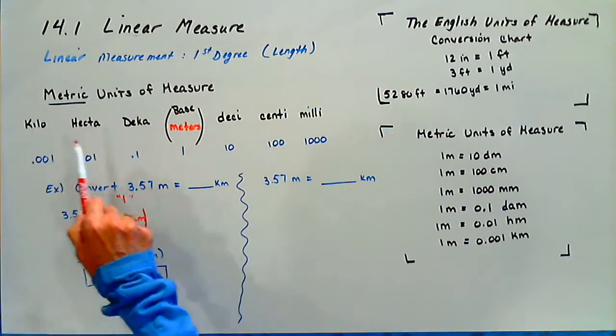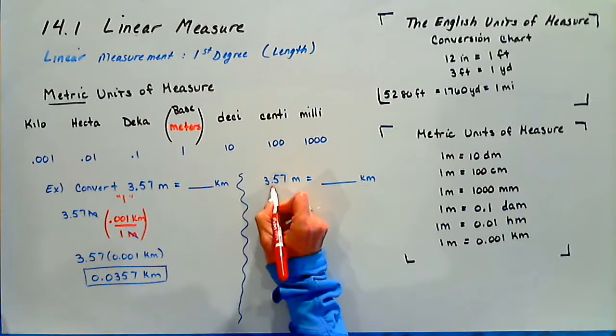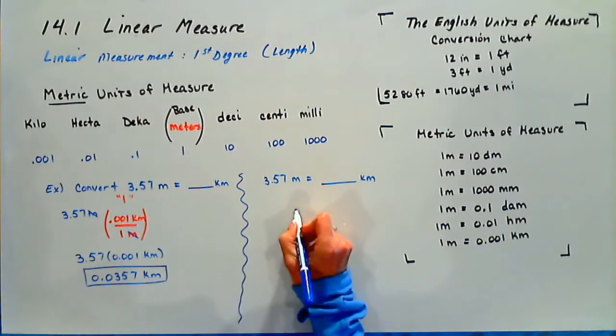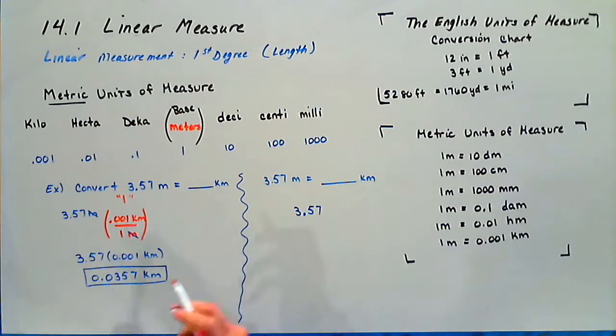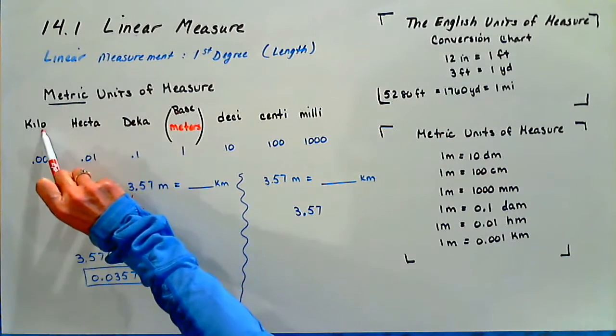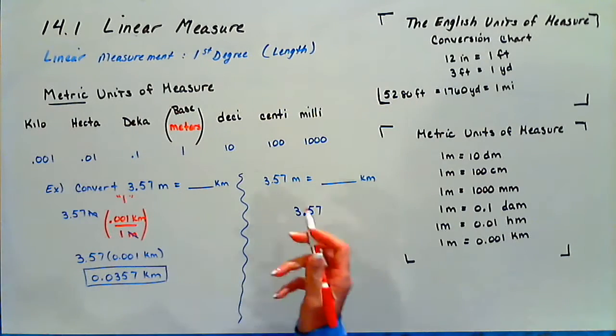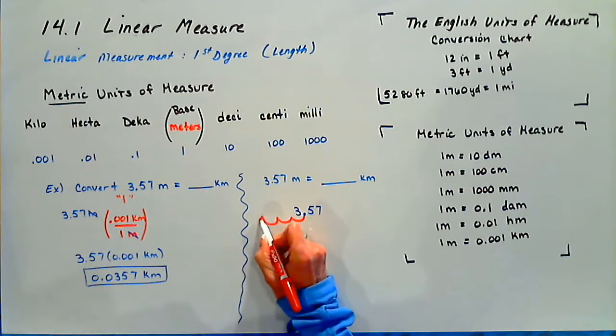That will give me kilo. So I simply move my decimal. I started with 3.57 meters. To get to kilometers, take your decimal, 1, 2, 3 to the left.